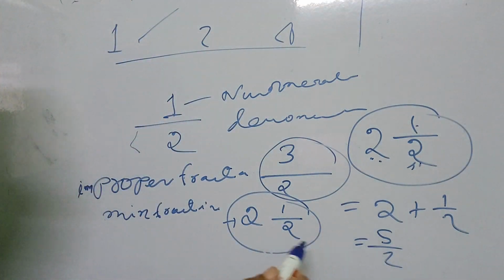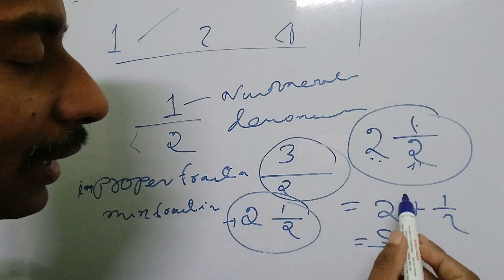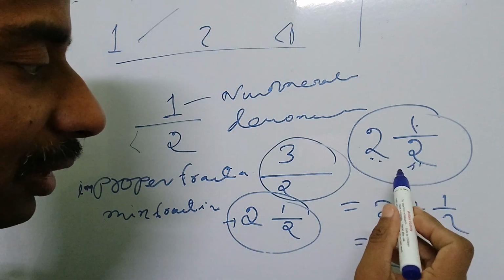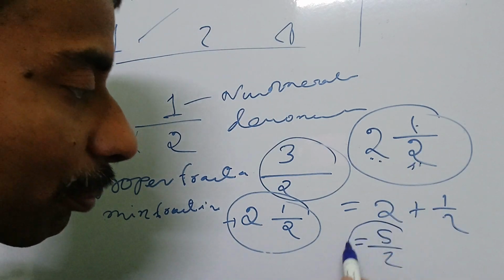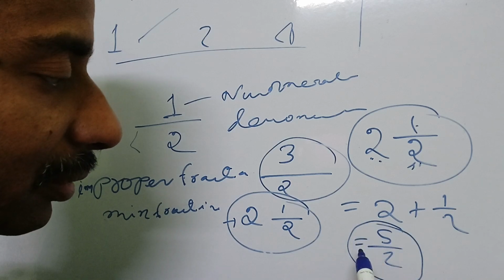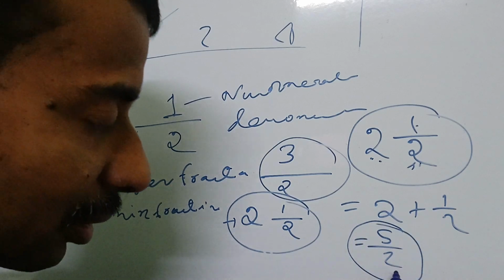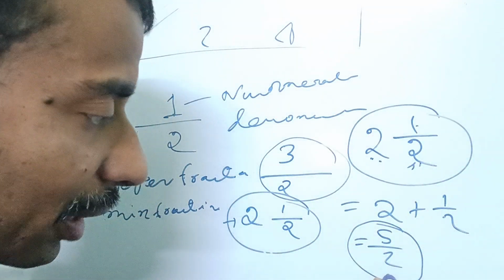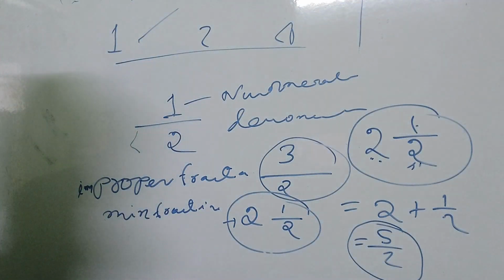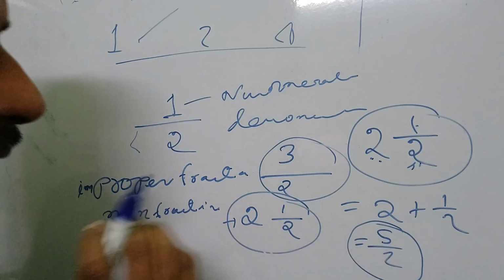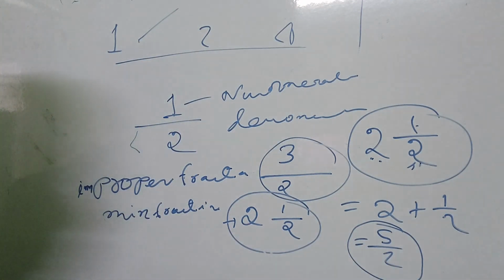Whenever you convert a mixed fraction, you will get an improper fraction, where the denominator is lower than the numerator. That's another concept.